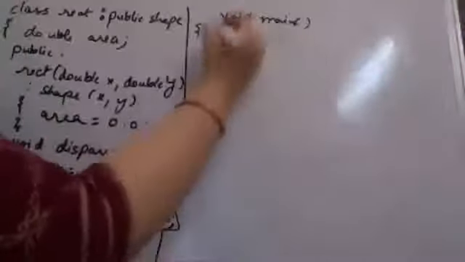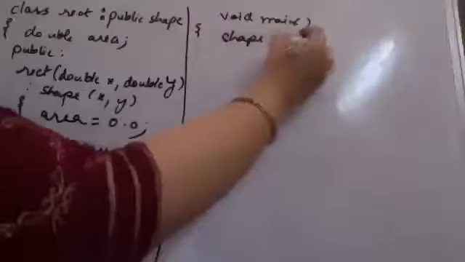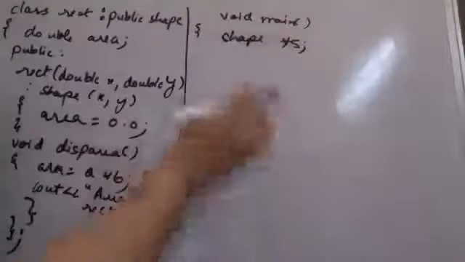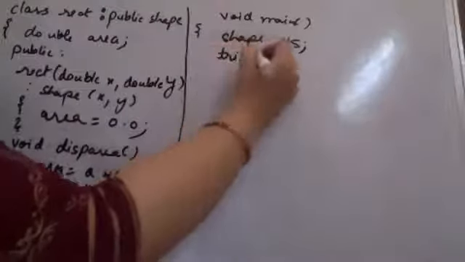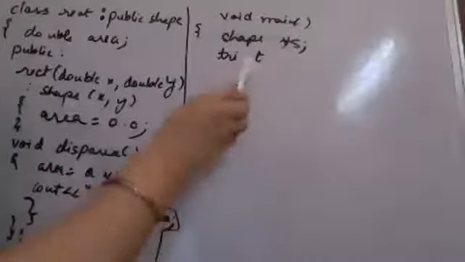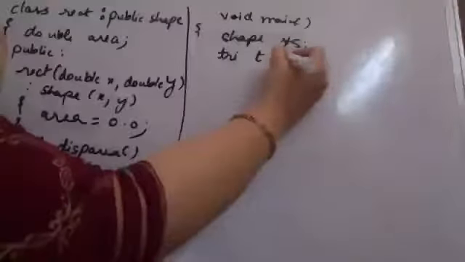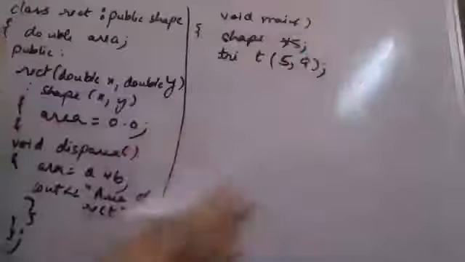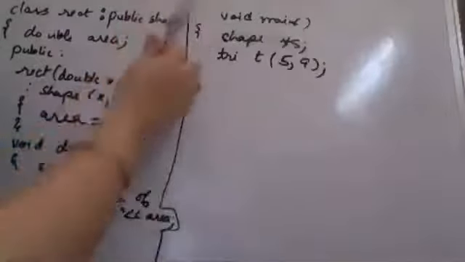So supposedly for shape I am creating a pointer, say s, right? And now for triangle t, I am creating a normal object. This is a pointer to the object of the class. This is a normal object of the class. And here within the constructor, I am passing the values. These values will be copied in the shape class constructor, right?